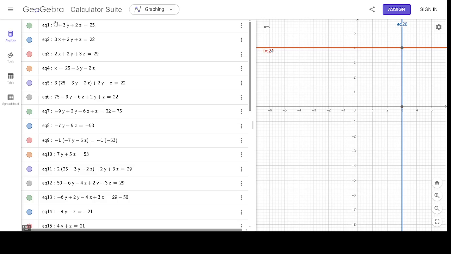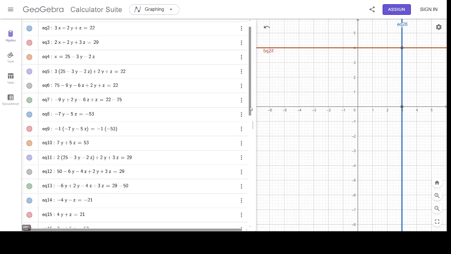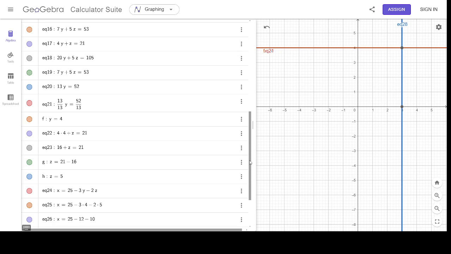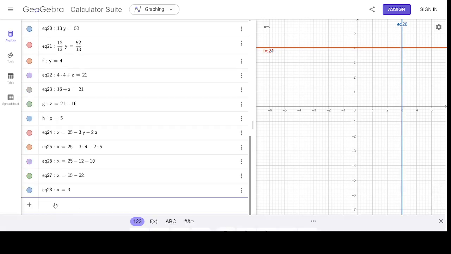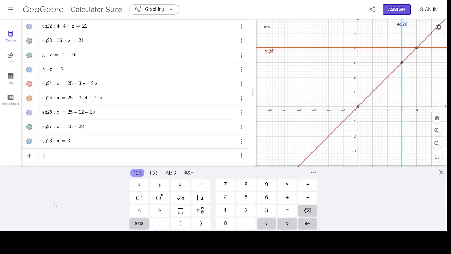So let's substitute the values of x, y, and z to see if they sum up to 25.